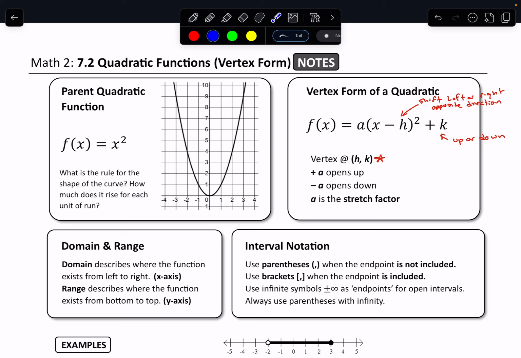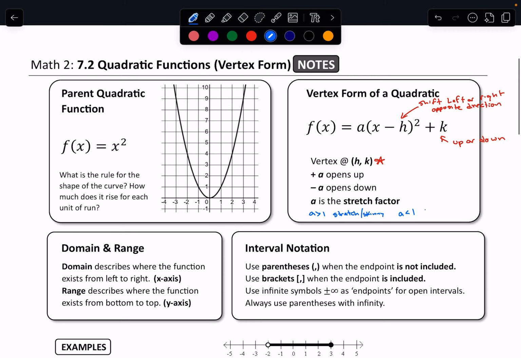Now, if a is bigger than 1, it's going to be stretched and it's going to be skinny. If a is less than 1, so if a is a fraction like 1/2 or 3/4 or 1/3, then it's going to be compressed and it's going to be fat and wide.